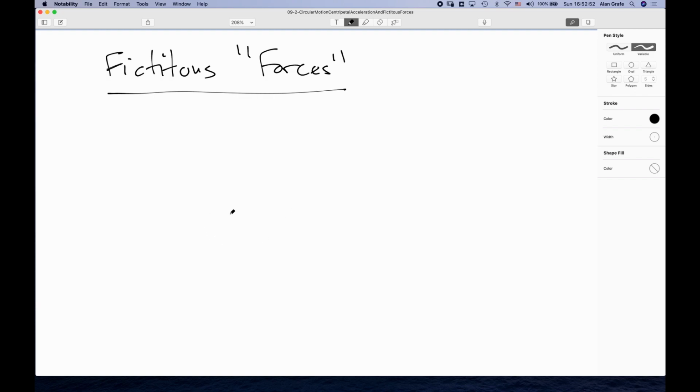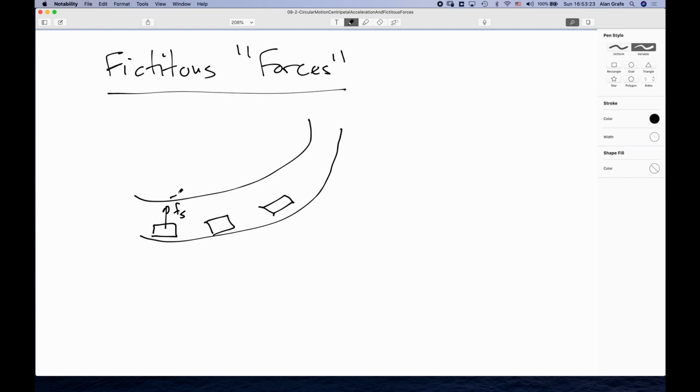So let's say you're driving around a curve. Let's have the road curve like this. So now when you're going around the curve, as you turn to the left, the car is doing one of these numbers here as we go to the left. By Newton's first law of motion, the force of static friction on the tires here is primarily what's going to be making us go around the turn.